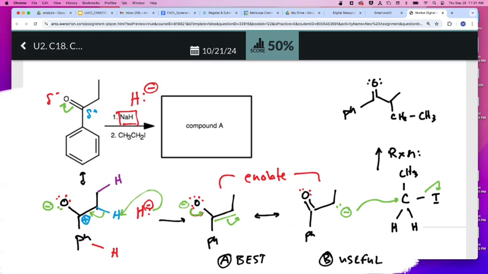What's the mechanism? Rearrangement? It's substitution. What did our enolate act as? It's the nucleophile. It supplied electrons to our carbon structure, which kicked out the leaving group of the iodide.